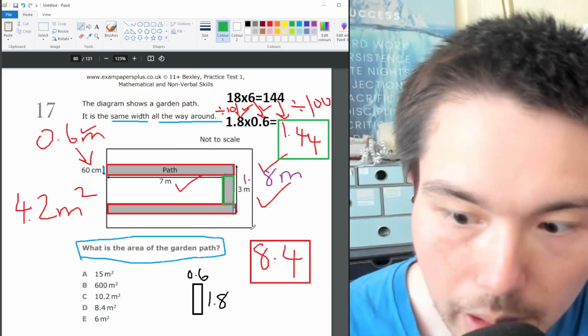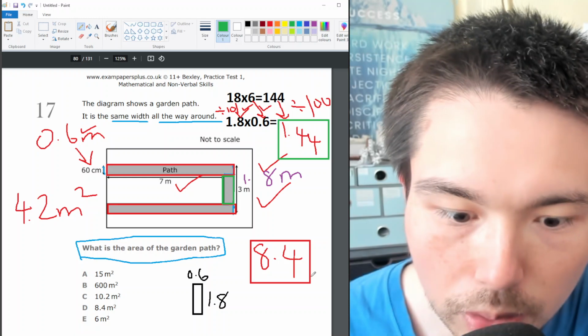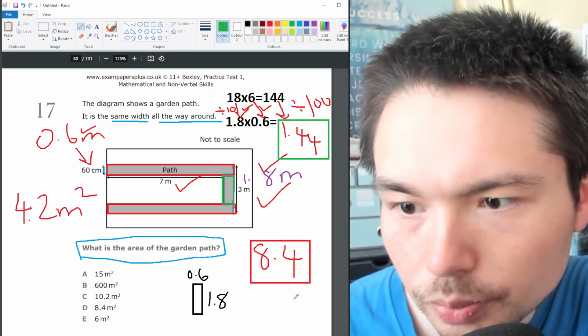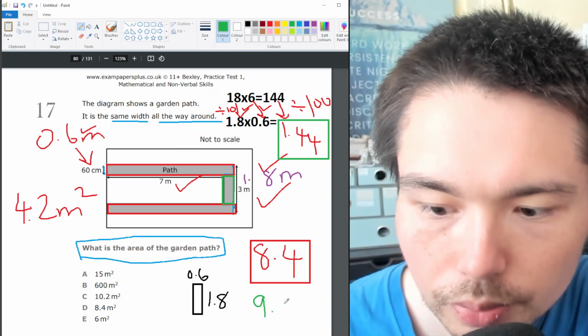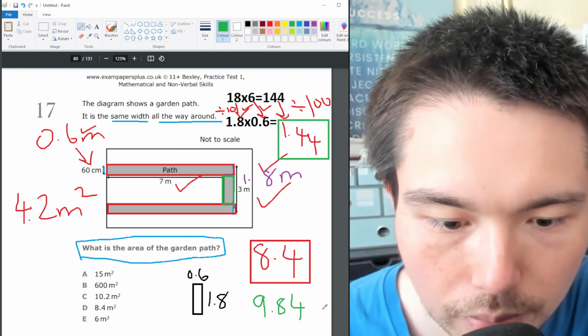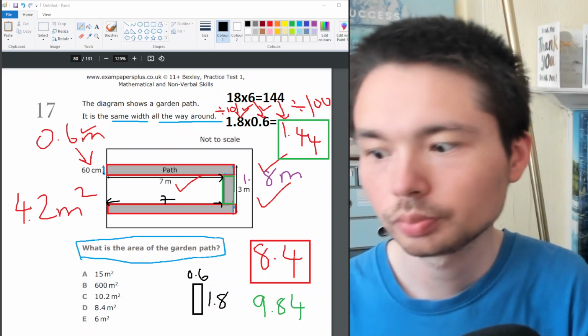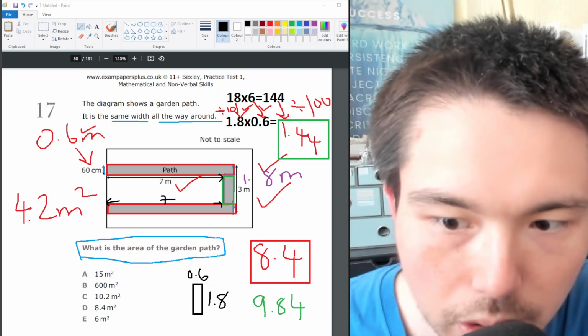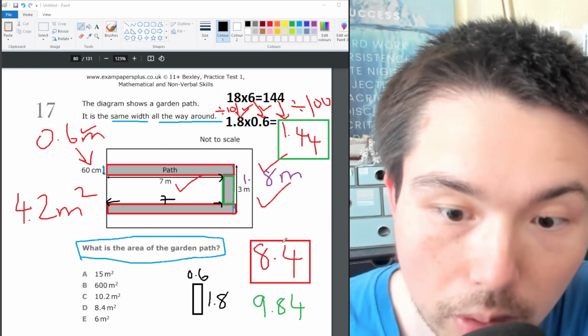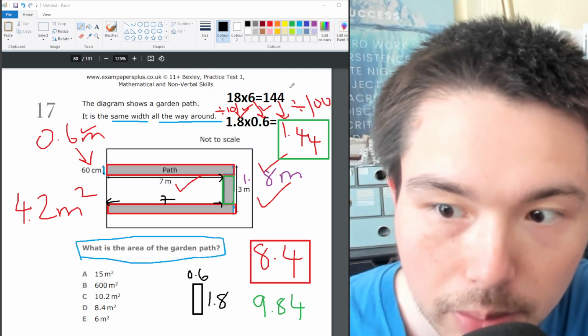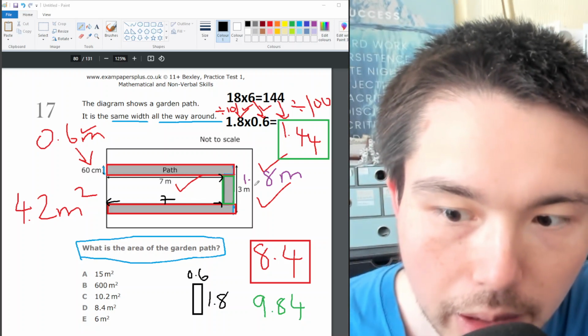So it is 8.4 plus 1.44, which is 9.84. I just paused the video just to figure out what I did wrong. You see the 7, that's actually up to that point. That's why my numbers are a tiny bit off, and then you add 1.8.